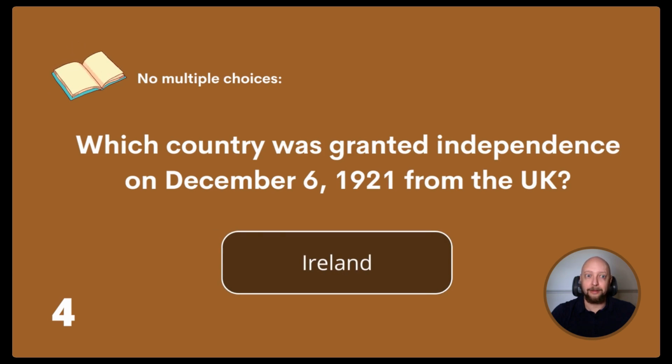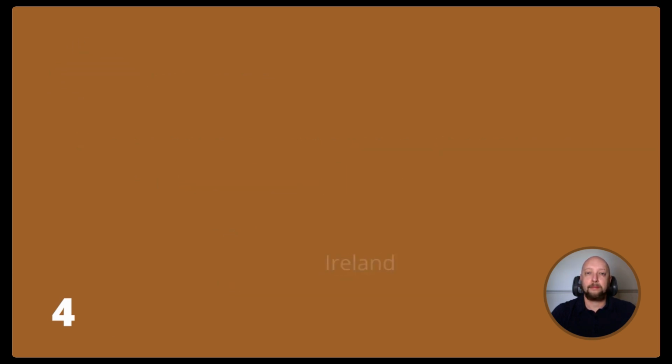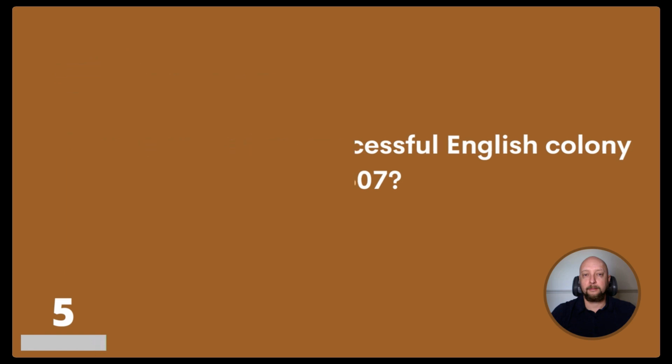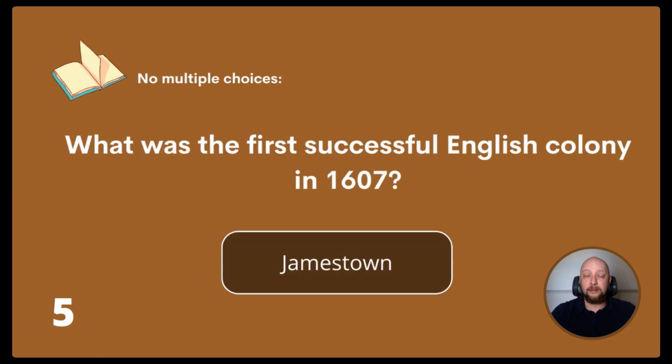Answer is Ireland. What was the first successful English colony in 1607? The answer is Jamestown.